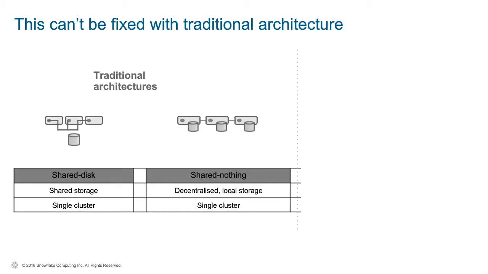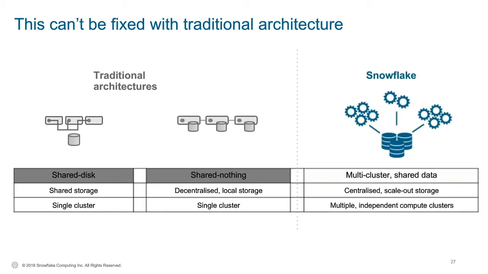And it's what we refer to as a multi-cluster shared data architecture. And it's built around a centralized scale-out storage layer with multiple independent compute clusters, giving you almost unlimited scalability in both storage and compute.